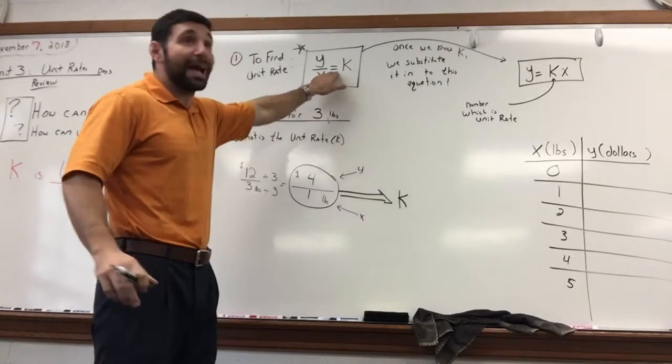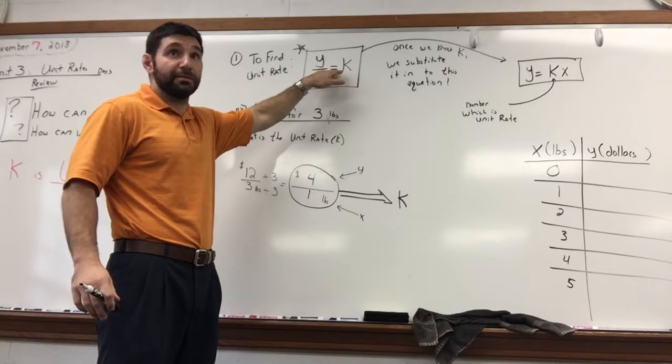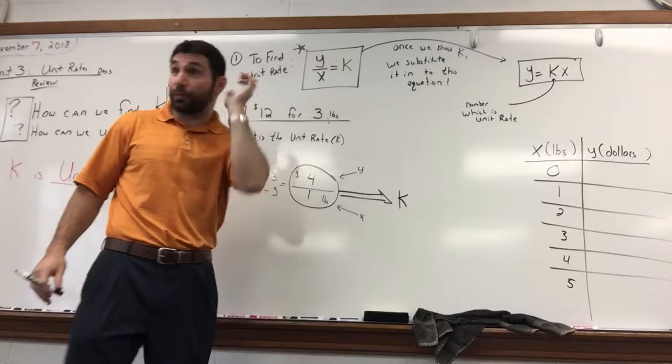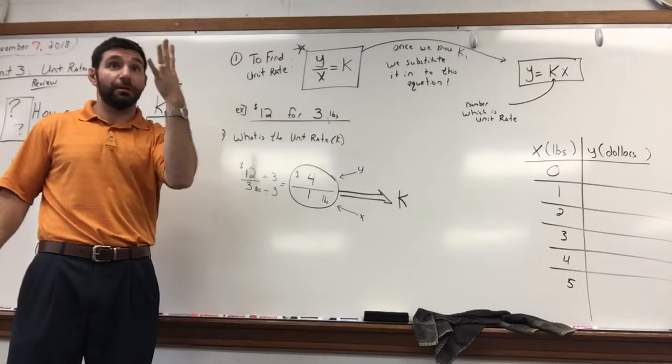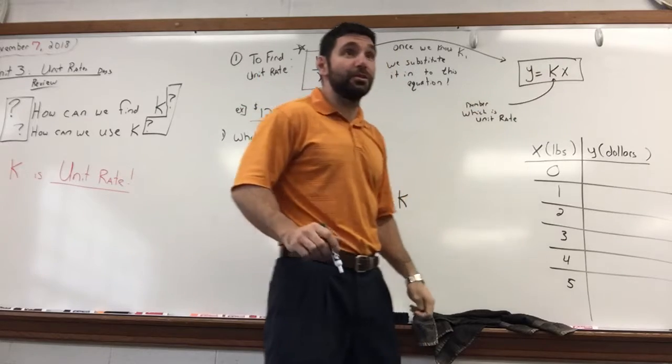Okay. Do we have the letter K? Do we? What is it? 4 over 1 or just 4, because 4 divided by 1 is 4. The number, which is unit rate, gets substituted in.